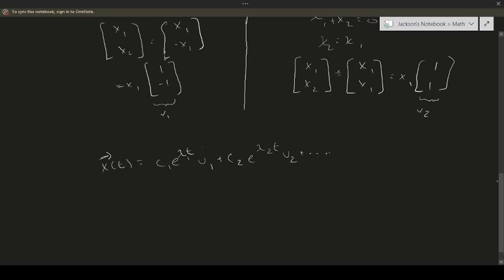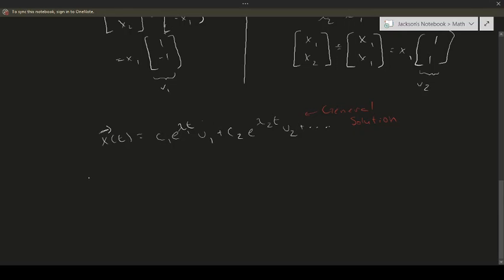So that is known as the general solution. Let me just come up with a color for that. We'll do red. That is the general solution to a system of differential equations. Let's go back to white.